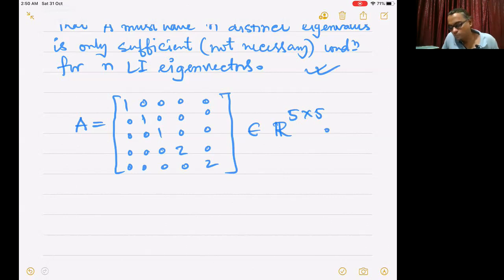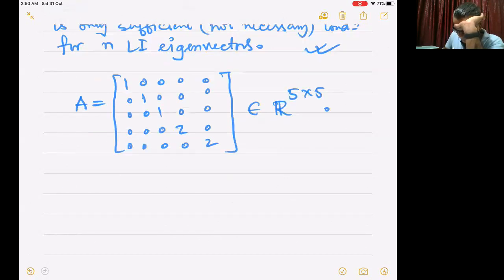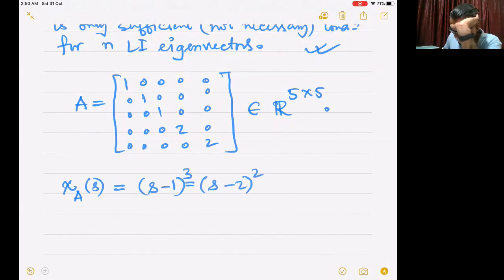Okay, but what it has is the following. If I look at its characteristic polynomial, its characteristic polynomial happens to be (s minus 1) the whole cube times (s minus 2) square. We look at these numbers.